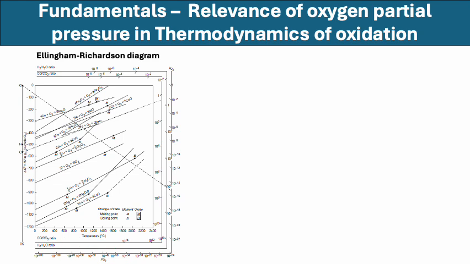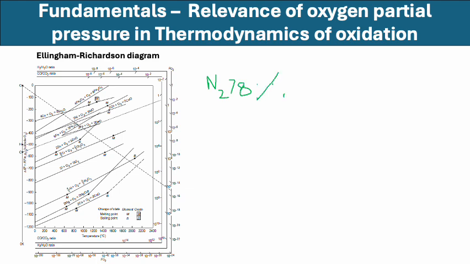So how are they relevant? The oxygen partial pressure is relevant because in a gaseous mixture, partial pressure can be used as a proxy for the activity of a specific species. In this case, if you have oxidation taking place in air, we have 78% N2 and 21% oxygen by volume.